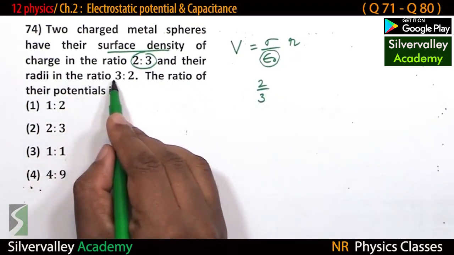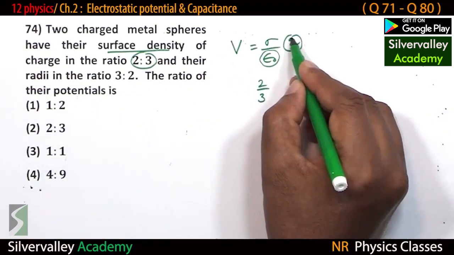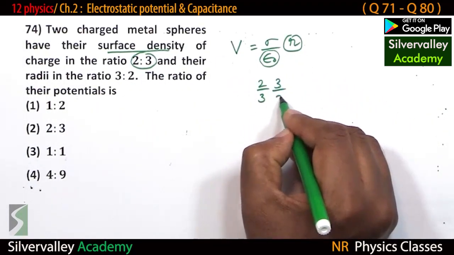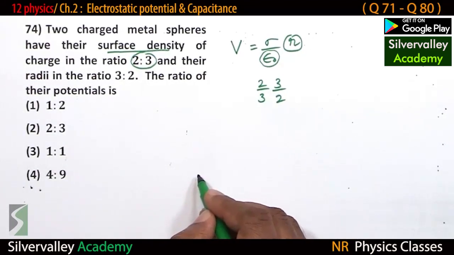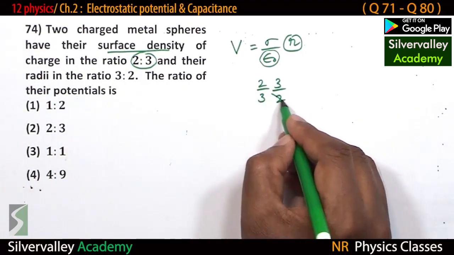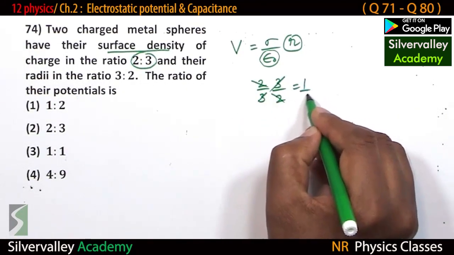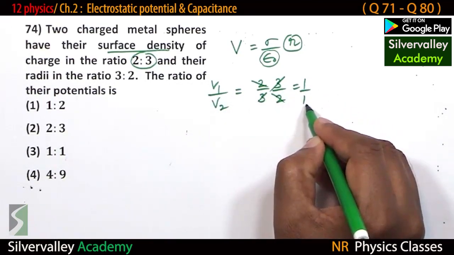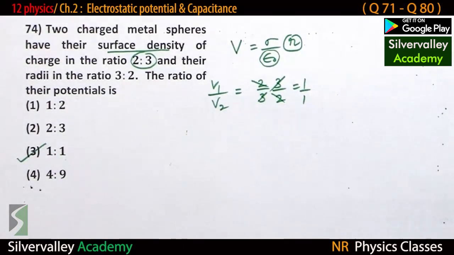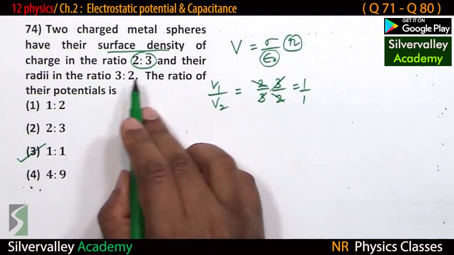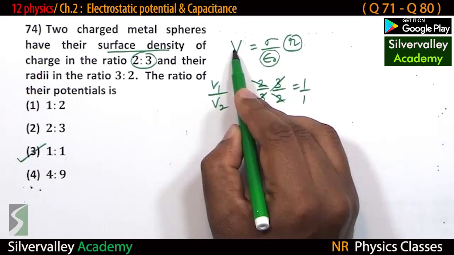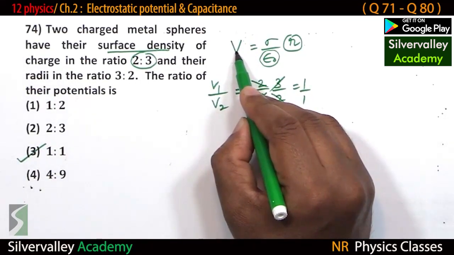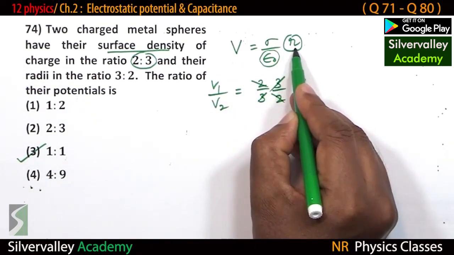Their radii are in the ratio 3:2. So 2, 2, 3, 3, 1:1. Therefore V1 by V2 is equal to 1 by 1. So take these two in the same order, because potential is directly proportional to sigma, and potential is directly proportional to R. Okay.